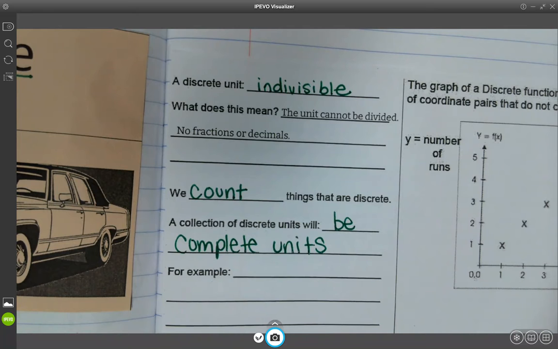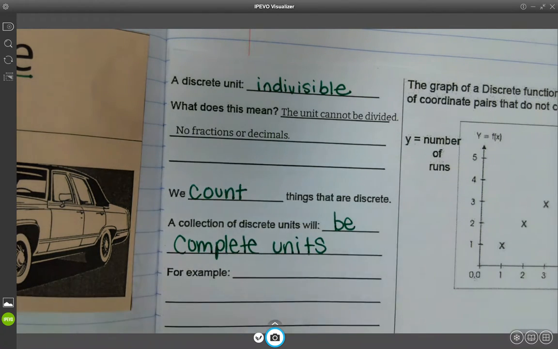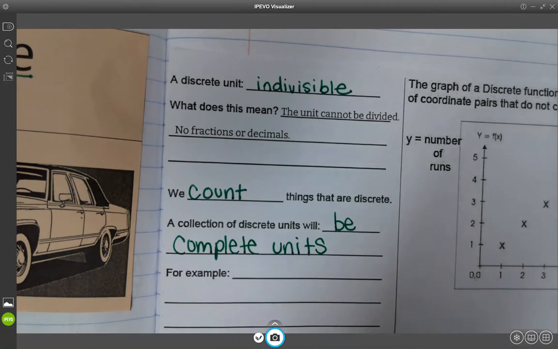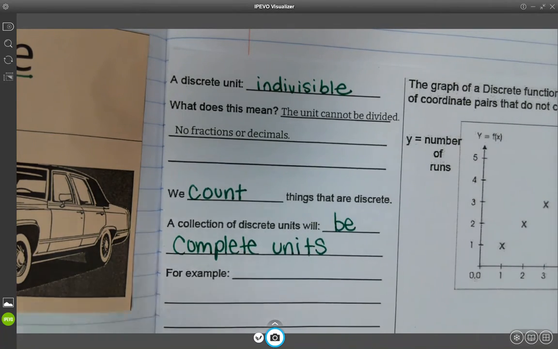Whenever I count each of you, I wouldn't end with, there are 14 and a half people, because it can't happen, right? We can't have half of a person. So discrete is going to be complete units. There are 14 people in here, and that's what discrete data is. I can literally count each one of you.